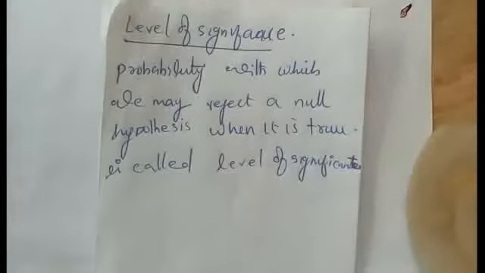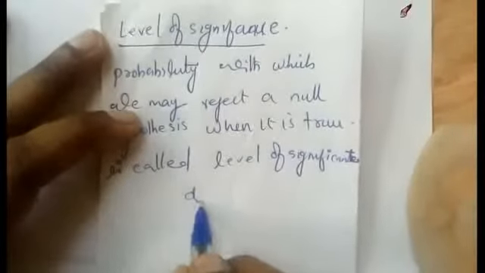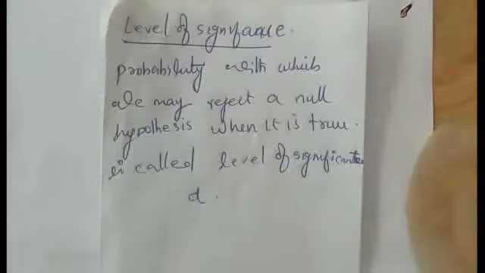The null hypothesis is accepted or rejected based on the level of significance. It is usually denoted by alpha.